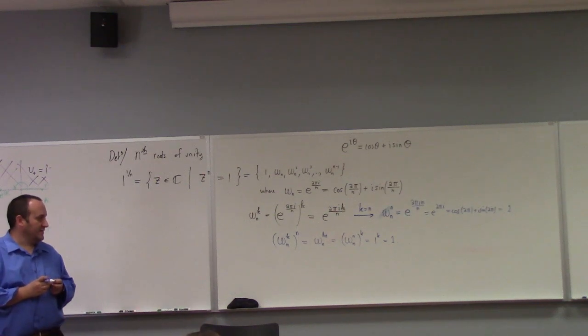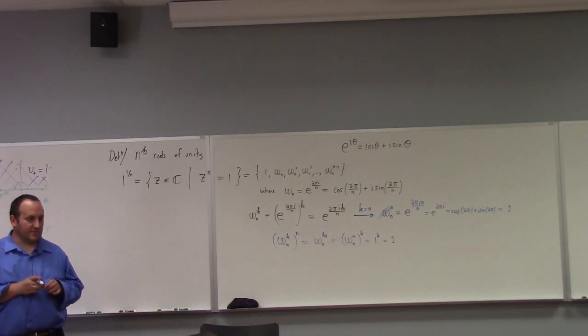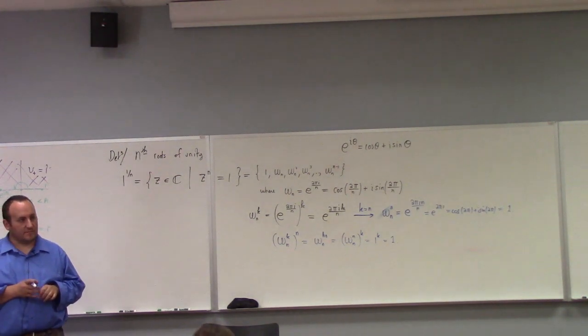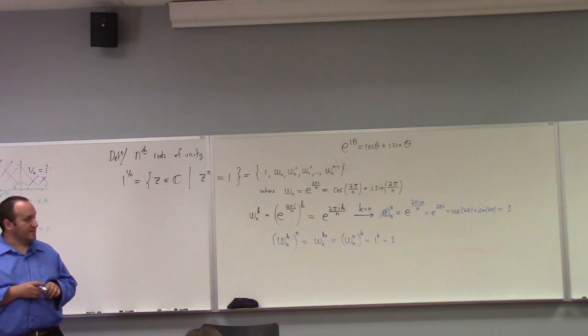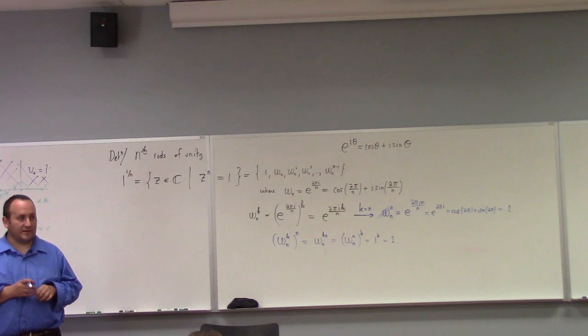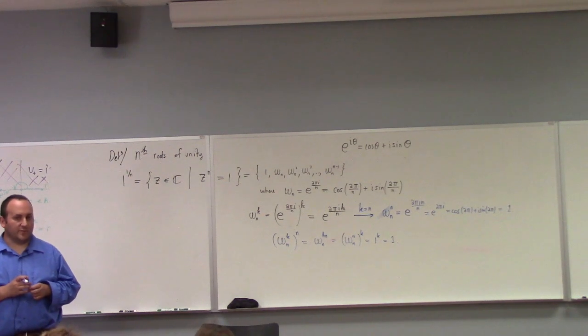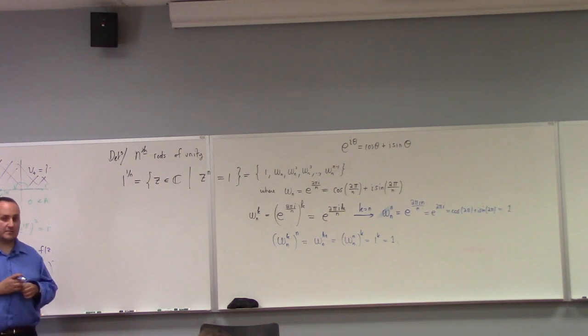So basically, if omega sub n raised to the nth power is 1, then certainly omega sub n to the kth power raised to the nth power is also 1. So certainly everything that I've written in the list of the alleged nth roots of unity are solutions to z to the n minus 1 equal to 0, or z to the n equal to 1 if you prefer. Can you guys tell me why there can't be more than n nth roots of unity?